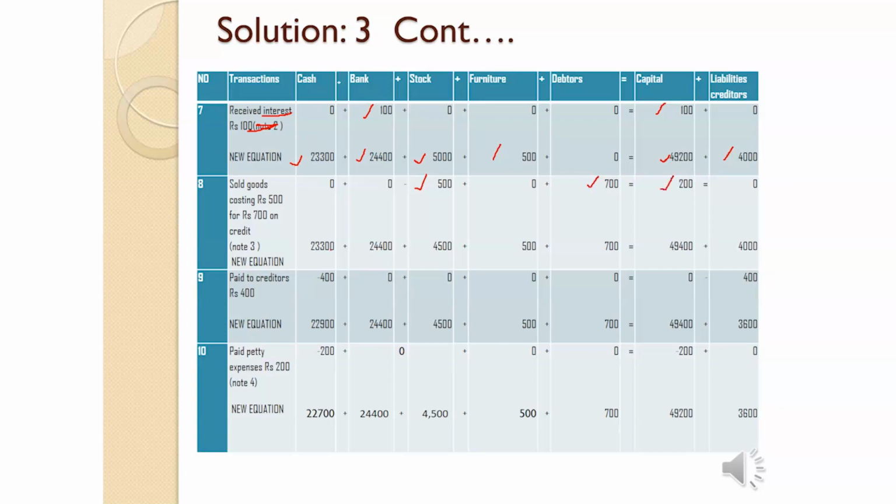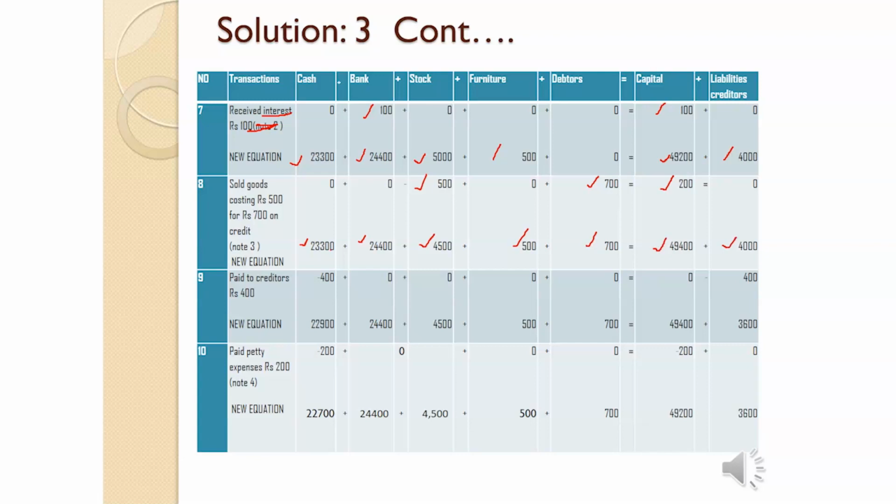So the amount of capital will be increased by 200. The remaining amounts are here 23,300, 24,400. Next one, stock 5,000 minus 500 is 4,500, because the stock value decreased, so that should be deducted. Then furniture 500 is the same, there is no effect. Debtors also increased by rupees 700. Then the capital value is 49,400. Liabilities, creditors amount is rupees 4,000. So now you total here.